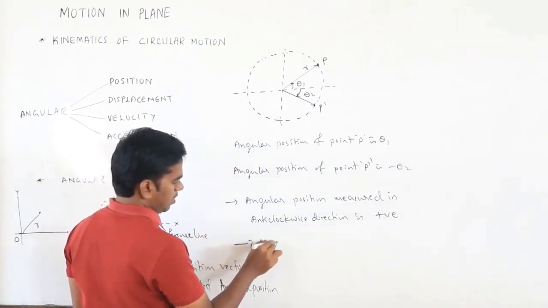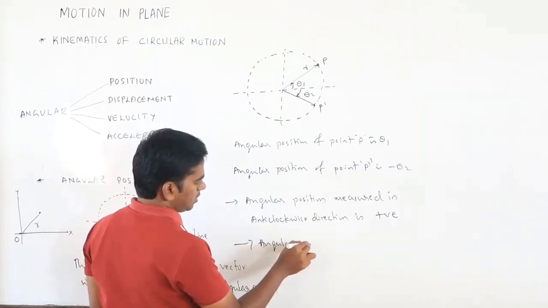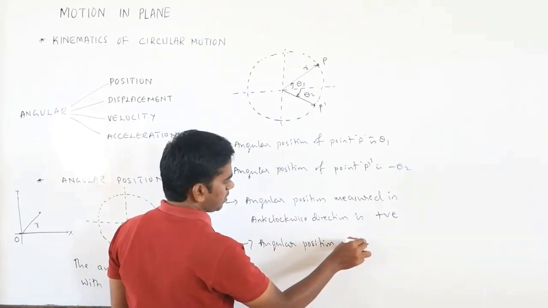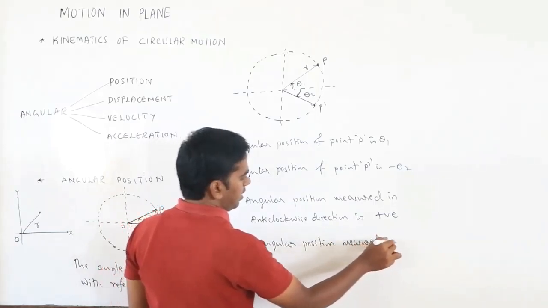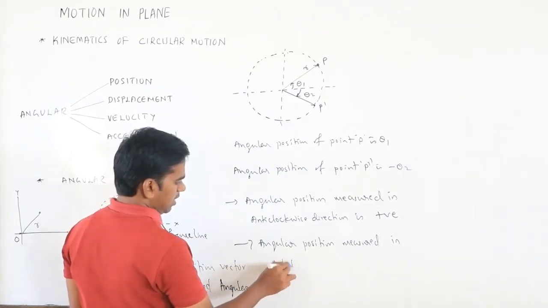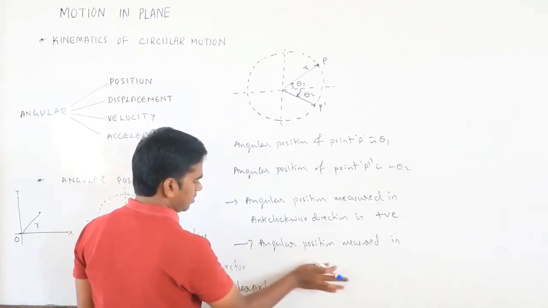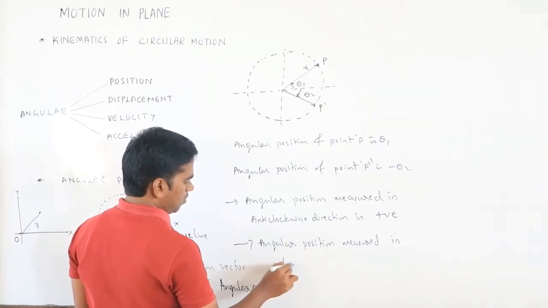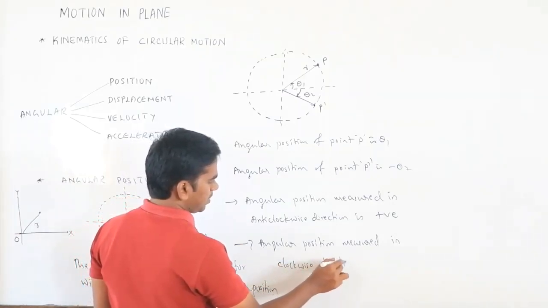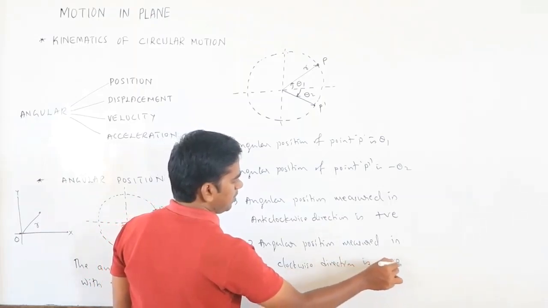Similarly, angular position measured in clockwise direction is taken to be negative.